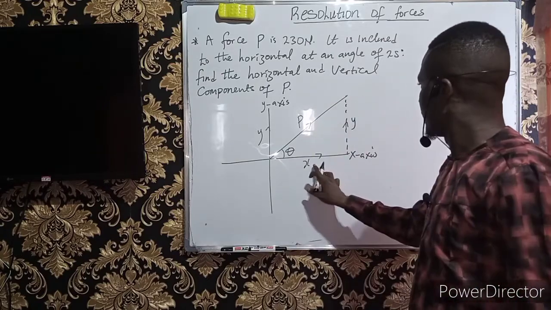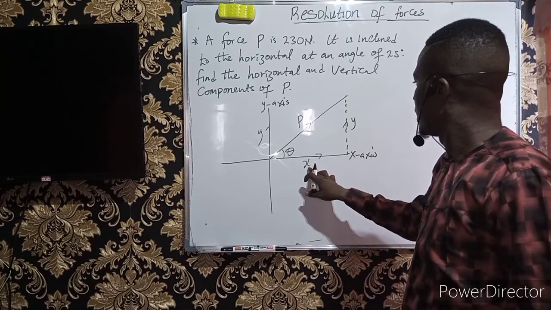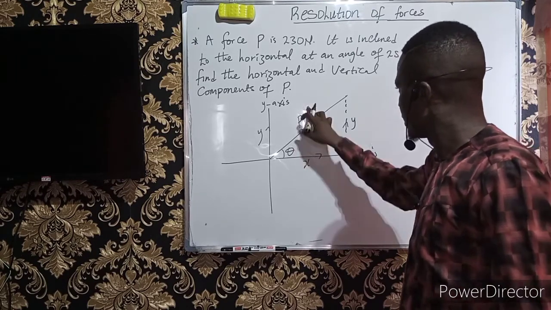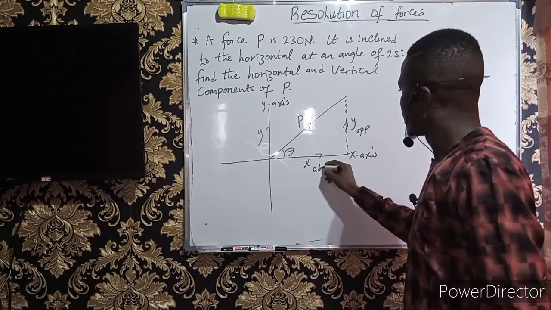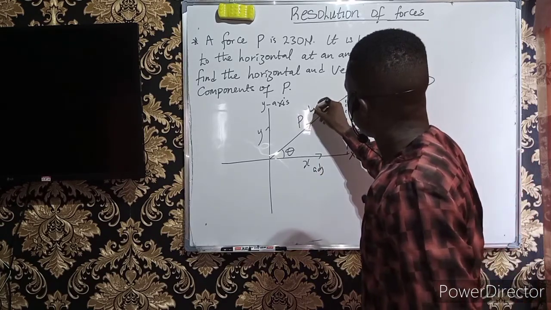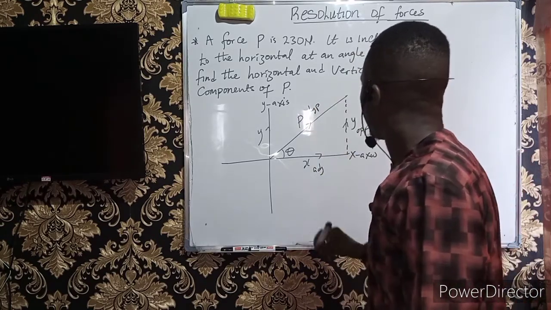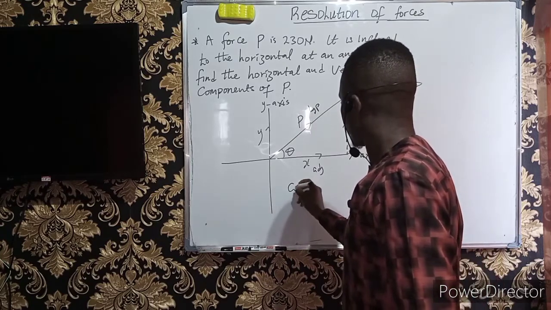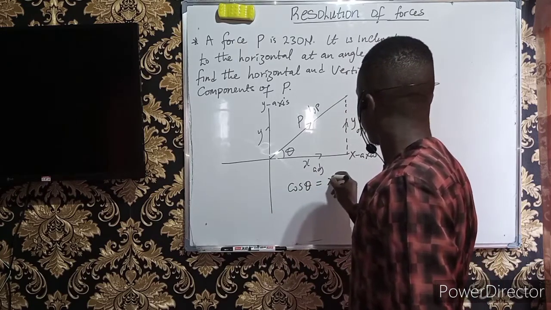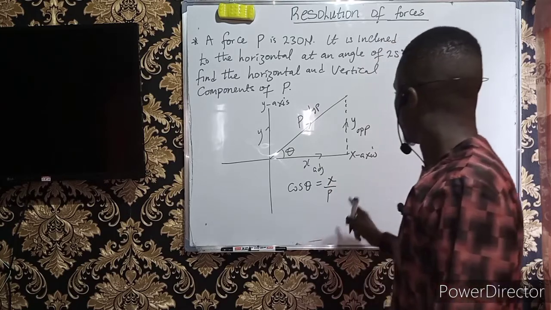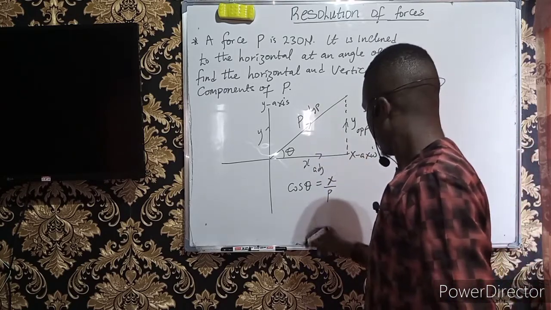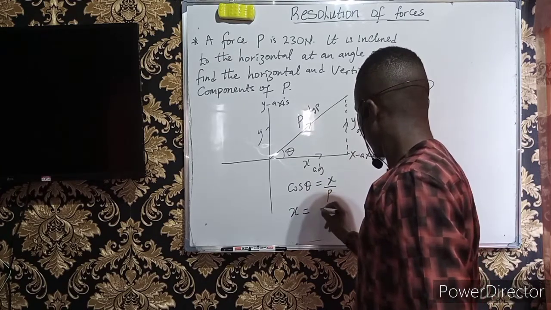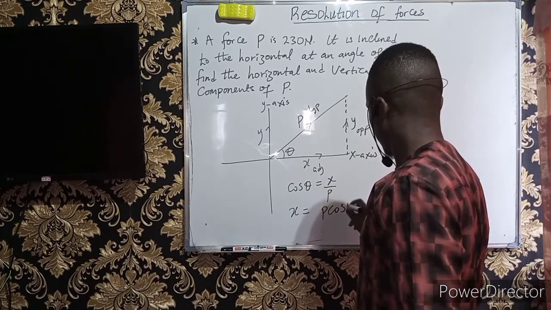Let's say the force we are talking about is force P. If I want to consider x, I will talk about adjacent over hypotenuse, because here is adjacent. The side facing my angle is opposite, while here is adjacent, and here is hypotenuse. If I take cos theta, it gives me x over P, because it is adjacent over hypotenuse, which means x is P cos theta.